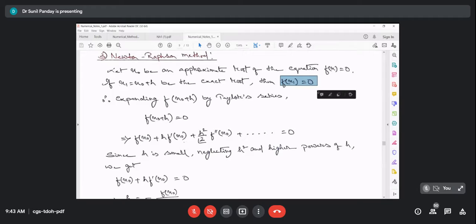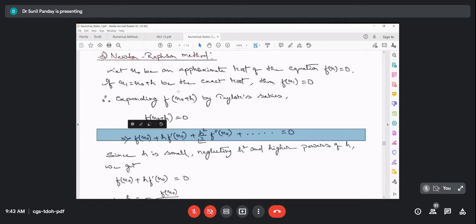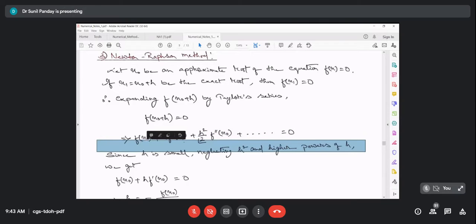Whether this is a false assumption or not, our target is to find an x1 such that f(x1) is 0 after this correction h. So we have expanded f(x0 + h) by Taylor series expansion, which is already shared with you in the first notes.